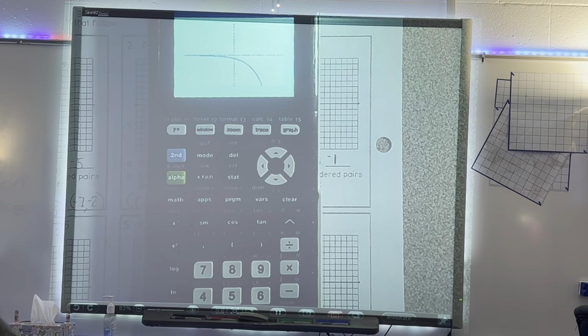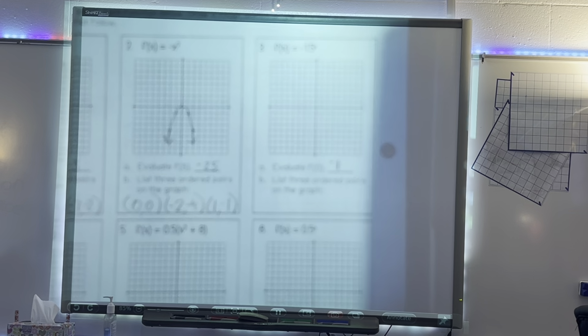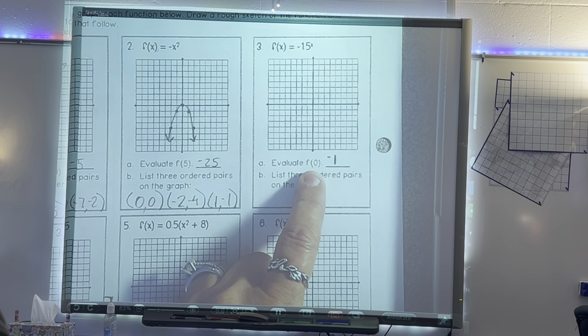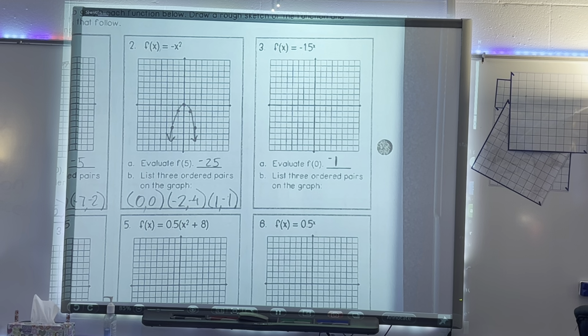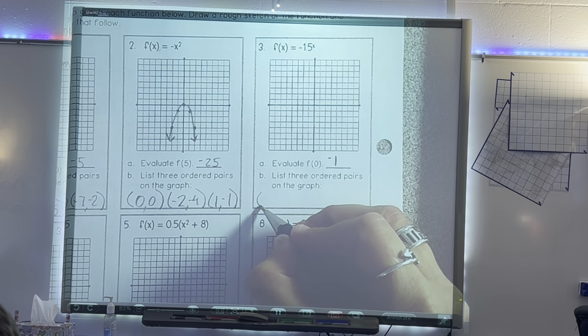Alright, so I'm gonna go over here and look at my table. We have f of 0 is -1. This is not gonna have nice points. It's a lot of decimals because I had -1.5. So of course it's gonna be a lot of decimals. There's not a ton of options. I am gonna write the -1 because I need something on that left side.